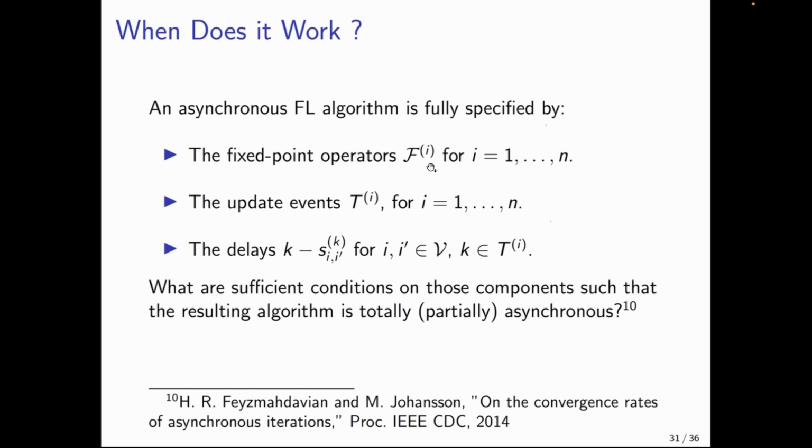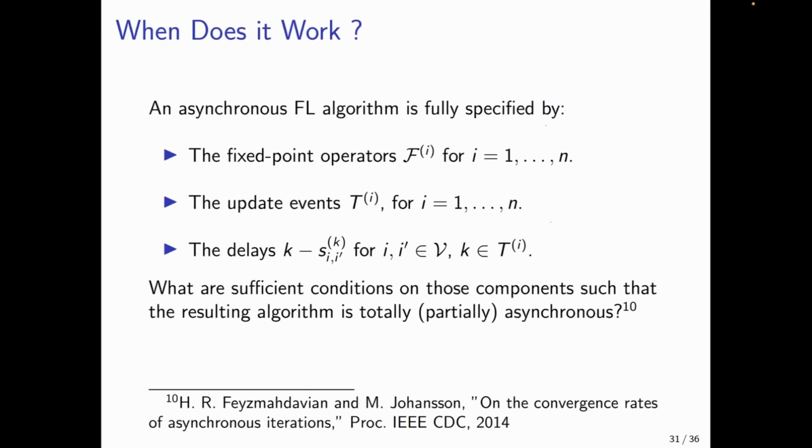And these fixed point operators are defined by the algorithm that you use and by the loss functions or the edges, so by the federated learning network. So I told you in the beginning, this federated learning network includes loss functions and edges as design choices.